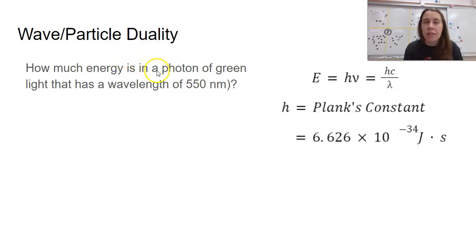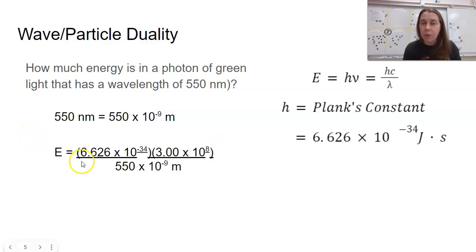So how much energy is in a photon of green light that has a wavelength of 550 nanometers? Right, so again, we need to convert nanometers to meters, so that's 10 to the minus 9th. Nano and 9 sound similar, so maybe that can help you remember that it's 10 to the minus 9th, okay?